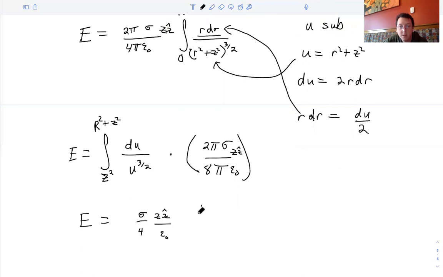This becomes 1 over minus a half, because that's my new exponent, times u to the minus half. So that's 1 over the square root of u, evaluated between z squared and r squared plus z squared.